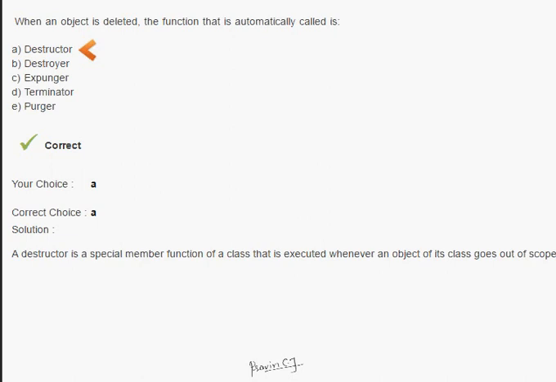So the question was, when an object is deleted, the function that is automatically called is a destructor. And there is the garbage collector, which deallocates the memory of unused objects. That is the work of a garbage collector. In Java, that is handled by the GC method.